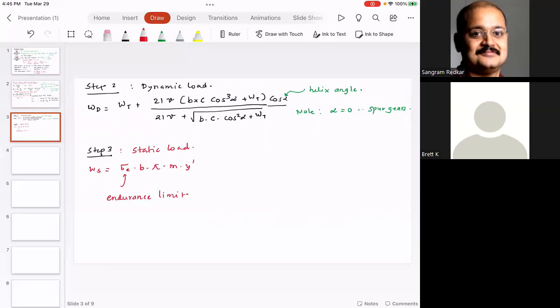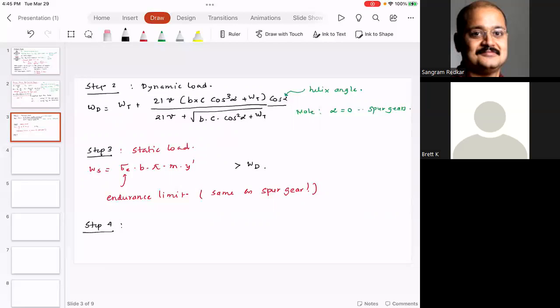And please note the table that we use to find endurance limit is same as spur gear. So the tables are the same. B is the face width, M is the module, Y prime is the modified Lewis's form factor. And for design to be safe, this has to be greater than the dynamic load that we calculated in the earlier step.